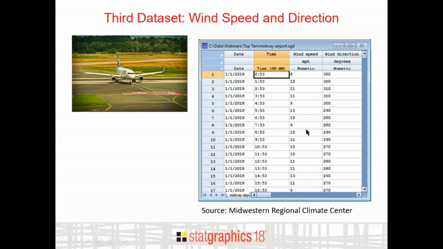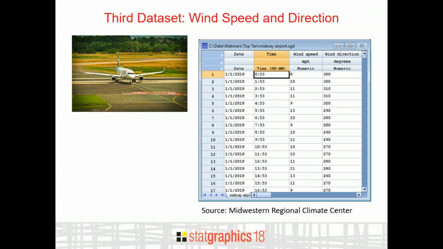The data show me for every day and every hour of 2018, the wind speed and wind direction at Midway Airport. Okay, so it starts a little bit after midnight on January 1st and goes through, I believe it's approximately December 15th.